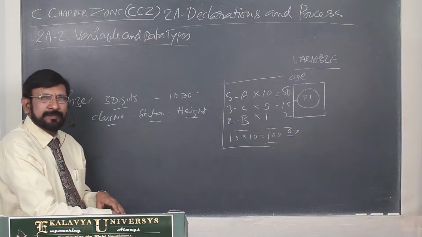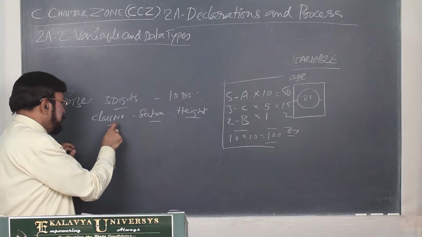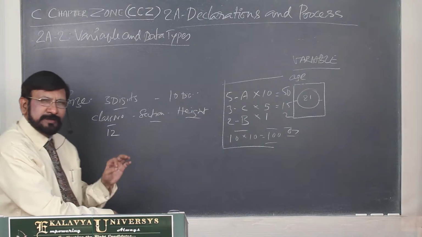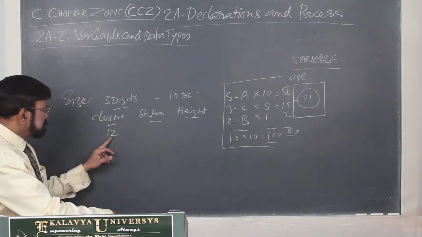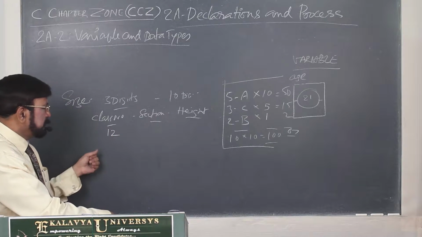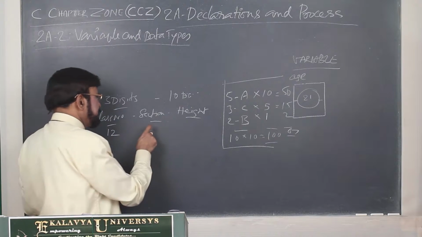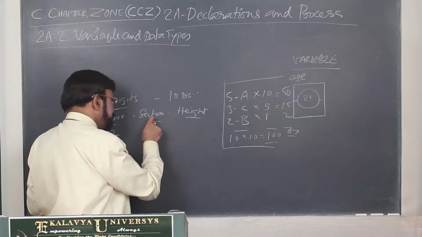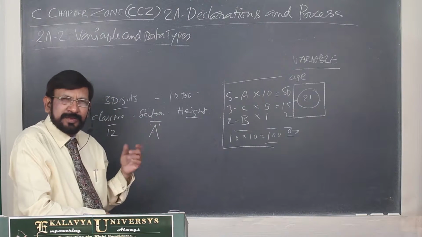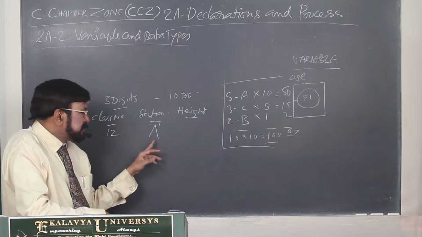Class number: you belong to 12th class, it is always a whole number, an integer value. As far as section is concerned, normally it is represented with a single character: A section, B section, C section, D section, like that.